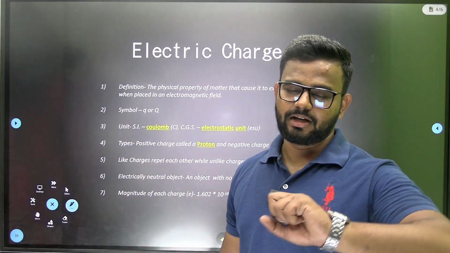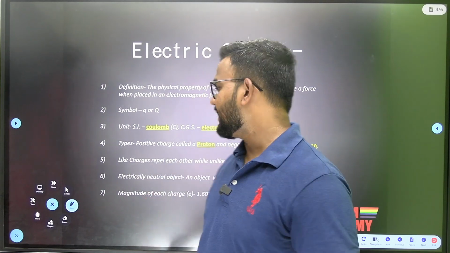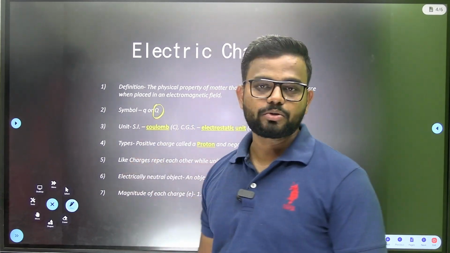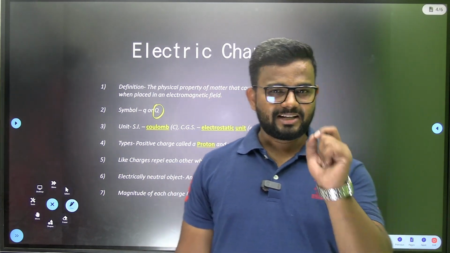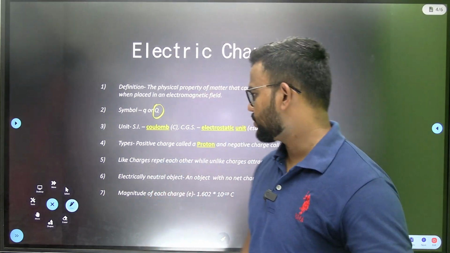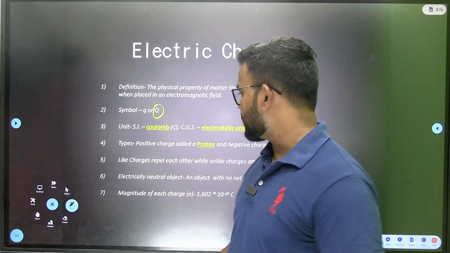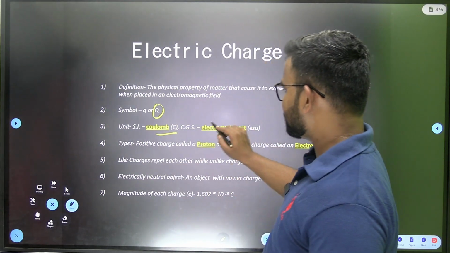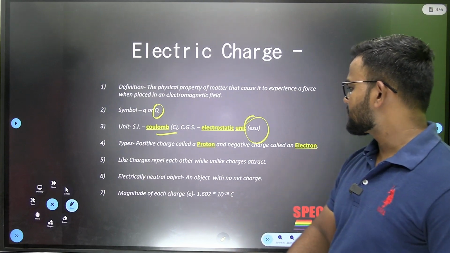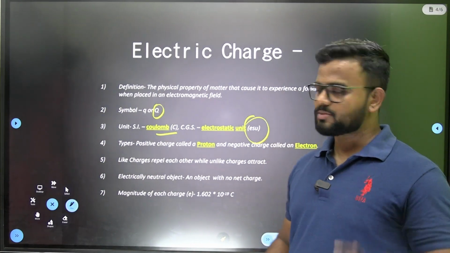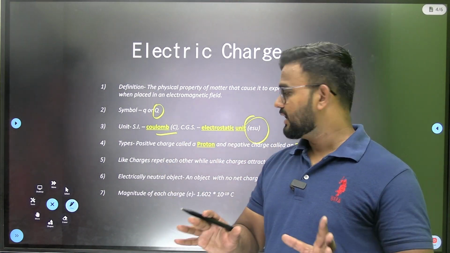In some special cases, like if we denote net charge, we usually prefer to use capital Q, but in some cases you can use small q also, just to denote the electric charge. Now what are the units? The SI unit of electric charge is coulomb, while the CGS unit is electrostatic unit. The symbol goes like esu, all letters small, electrostatic unit. That's the CGS unit of electric charge.